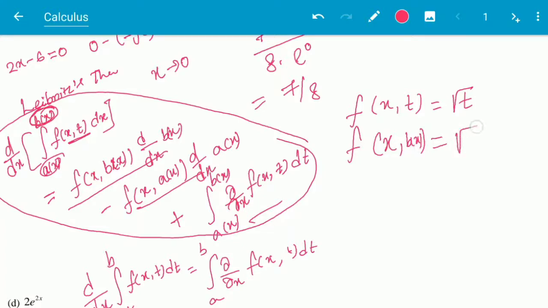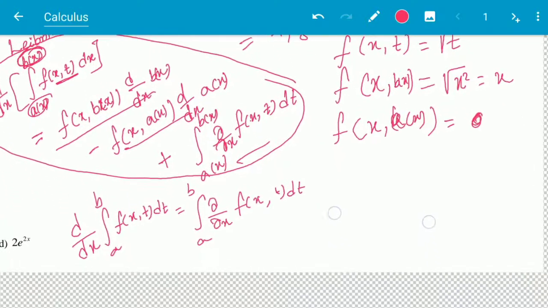It will be x, and f of x, a(x) will be 0 because a(x) is 0 and root over of 0 is also 0.